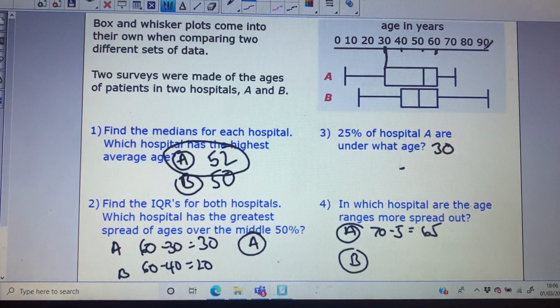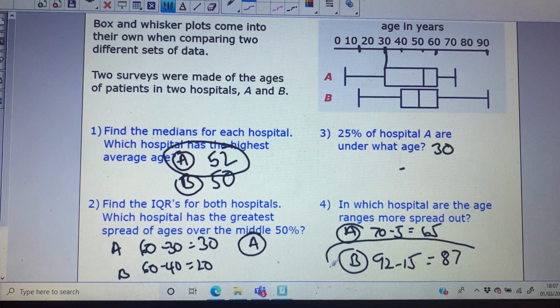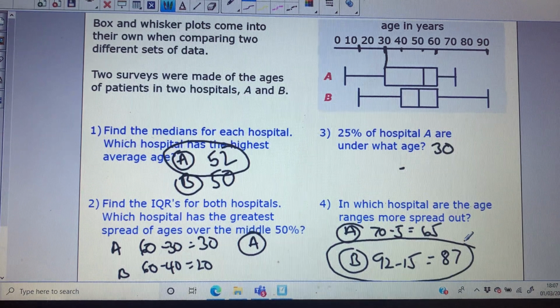So we go looking here, 90, I'm going to say 92, and 15. I'm almost making those up, but 92 take away 15, so you can see that we've got quite a big old range there. So is that going to be 87? Hospital B, a bigger range.